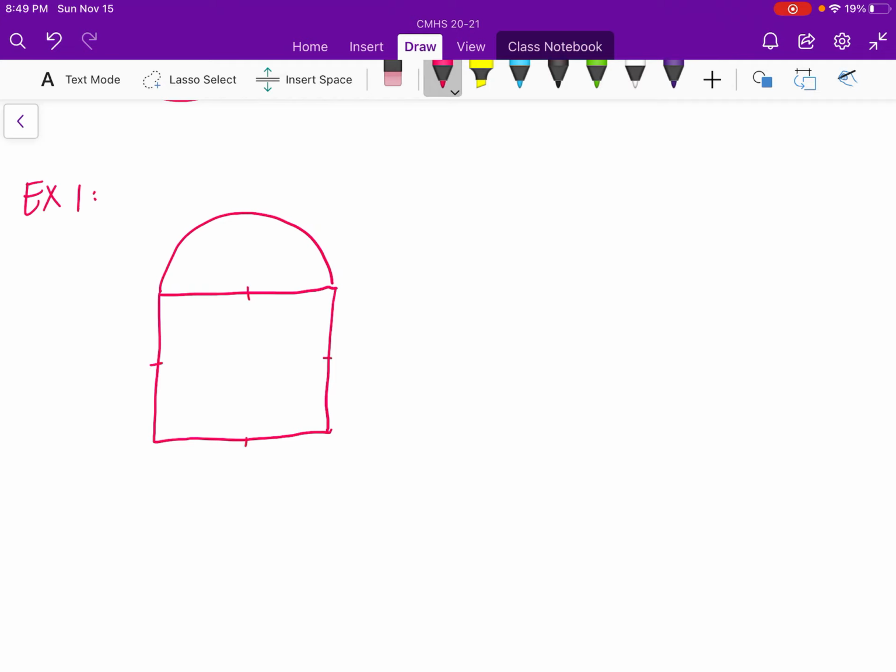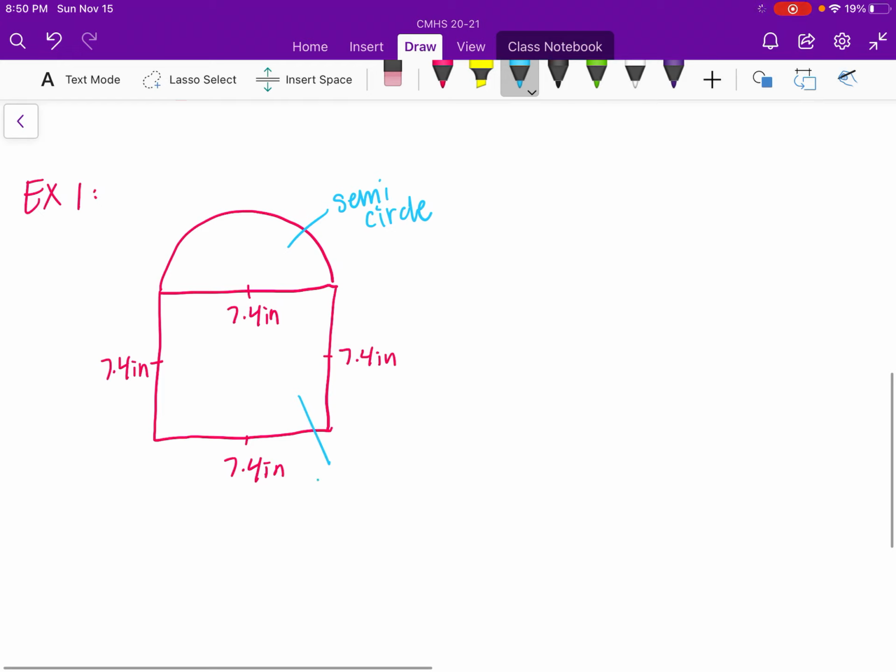I'm going to draw some little tick marks, and they are 7.4 inches. 7.4 inches, 7.4, 7.4. So let's label these shapes. This shape is a semicircle because it is half of a circle. And this one is just a normal old square.